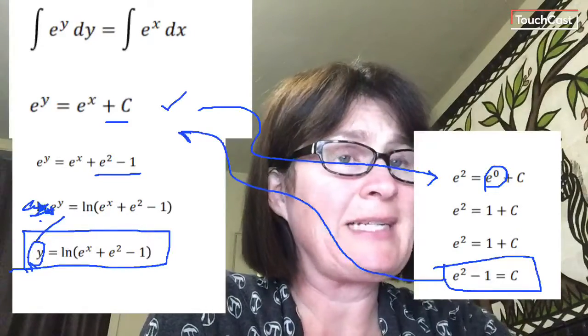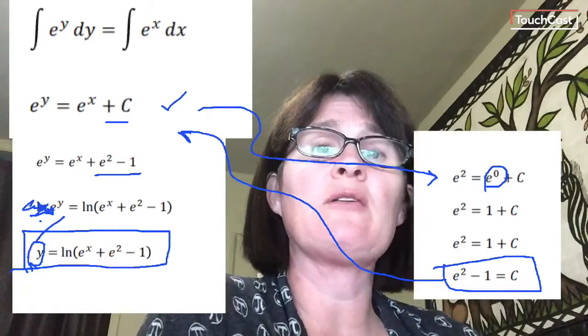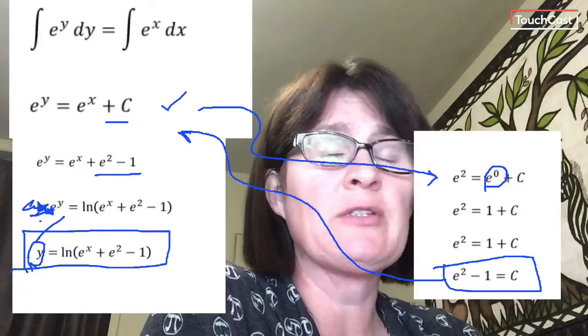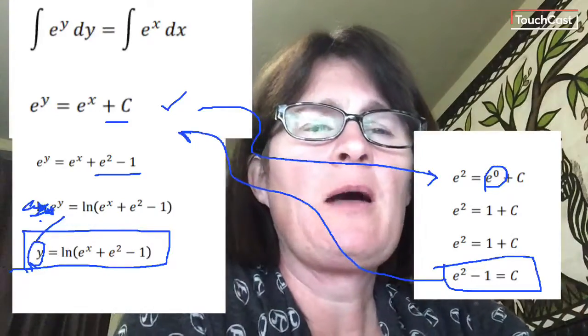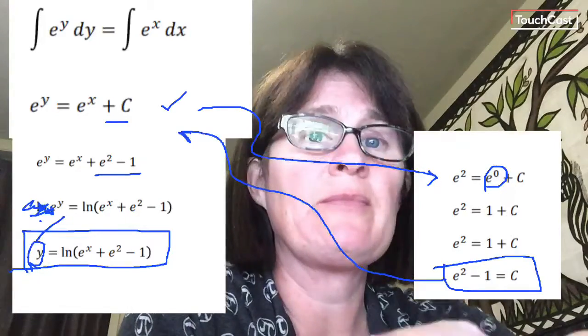You might ask, do I need to write a domain statement? Well, I need to write a domain statement if the domain of my solution function is not all real numbers. But check this out. I can take the natural log of positive numbers only.